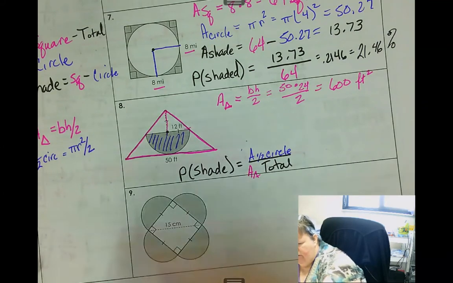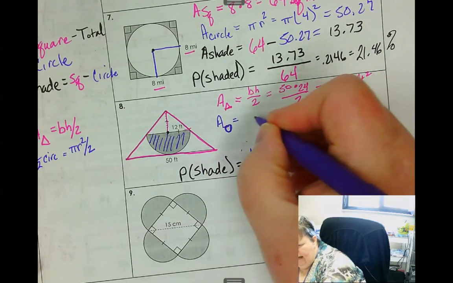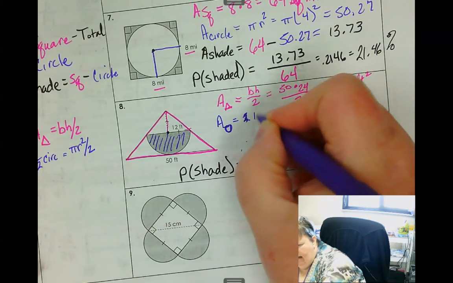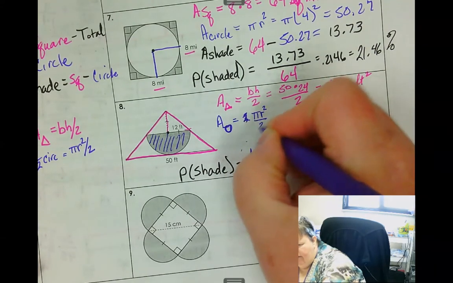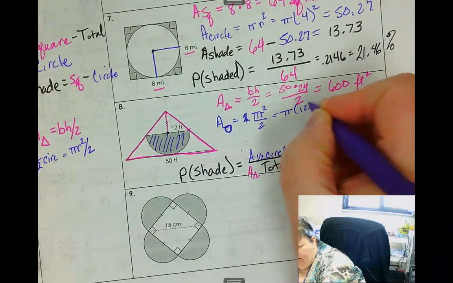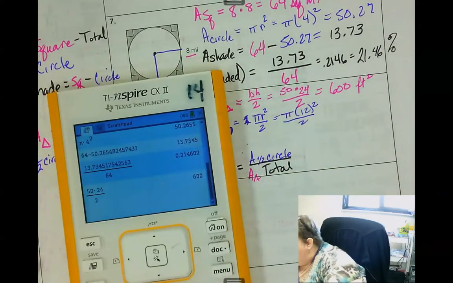Okay, the semicircle. Area of the semicircle equals pi r squared divided by 2. So pi, my radius is 12 squared divided by 2. Handy dandy calculator.